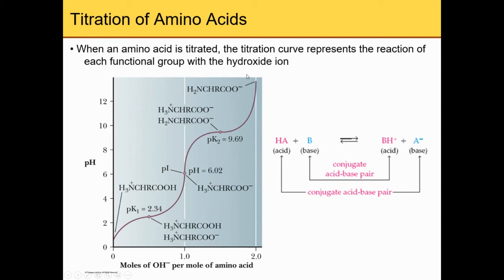Above this point, the predominant form will be this one, and below pK2 the predominant form will be the neutral one. At the midpoint, it's a 1-to-1 ratio.